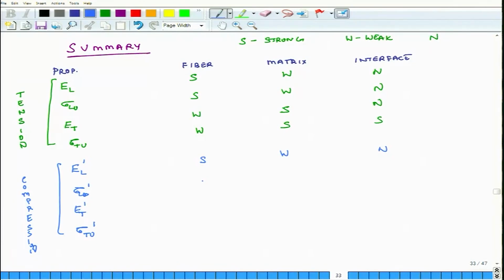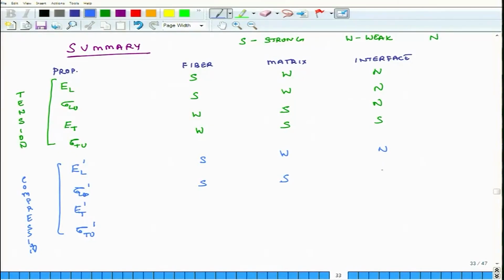Longitudinal strength in compression, strong role of fiber and also strong role of matrix. Why is it a strong role of matrix? Because if the matrix is very weak, the fibers will buckle very easily. So, it depends how strong and stiff your matrix is, that has a big role. Okay. And again negligible role of interface. And then the third one is transverse direction compressive modulus, weak role, strong role, negligible role, weak role, strong role, negligible role.